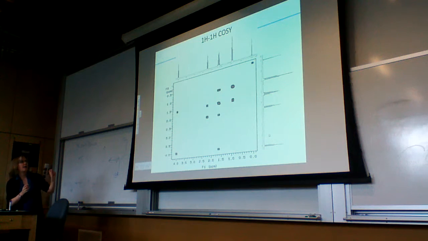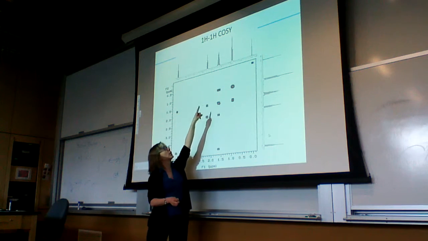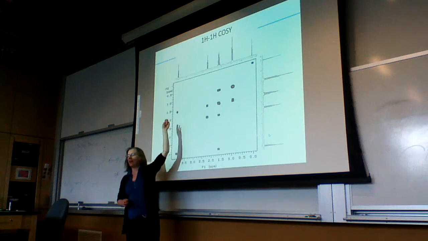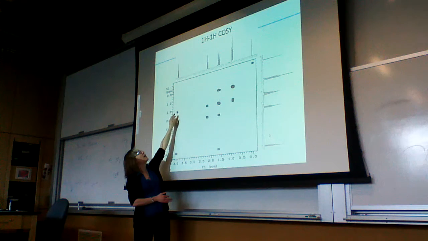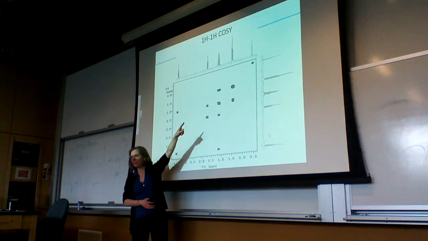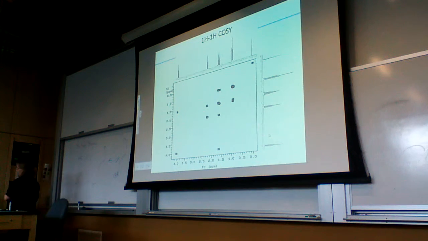If you have a peak here, what you would first do is go through and label the peaks in the NMR, A, B, C, D, and then go through and label this as A to E or A to something, and we'll go through examples of that. So that's how you want to analyze a COSY.